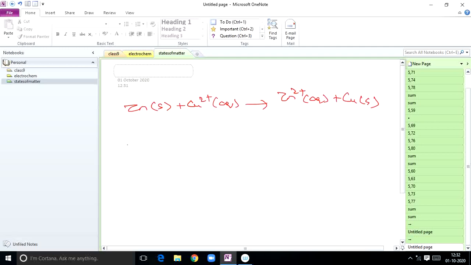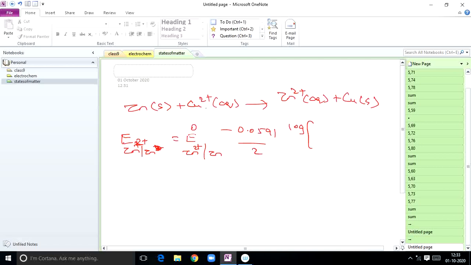If you apply the Nernst equation only for zinc, for the reduction potential you have to take Zn2+ to Zn. So that is equal to E naught of Zn2+ to Zn minus 0.0591 by 2 into log of, only for zinc I am writing.